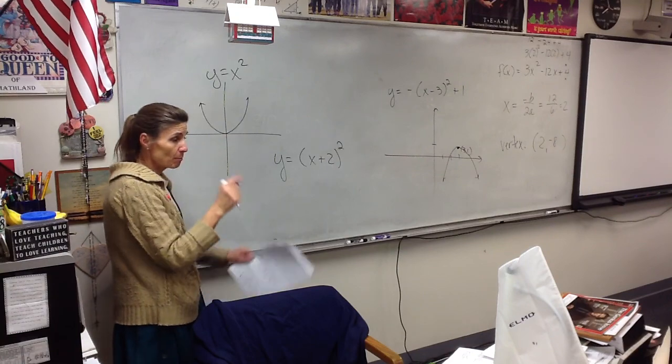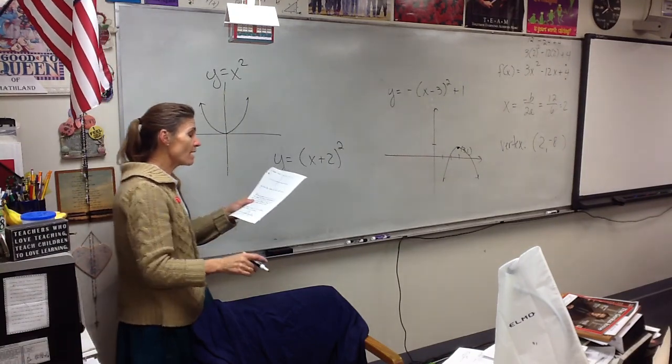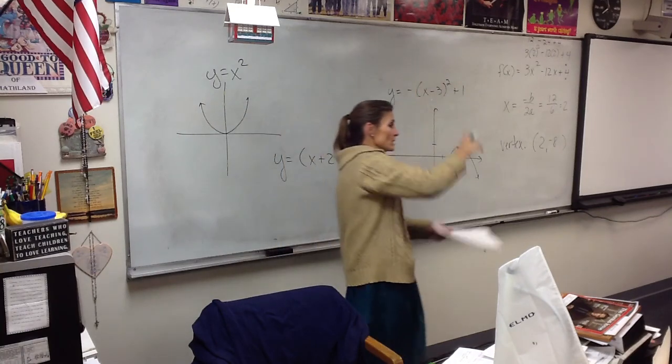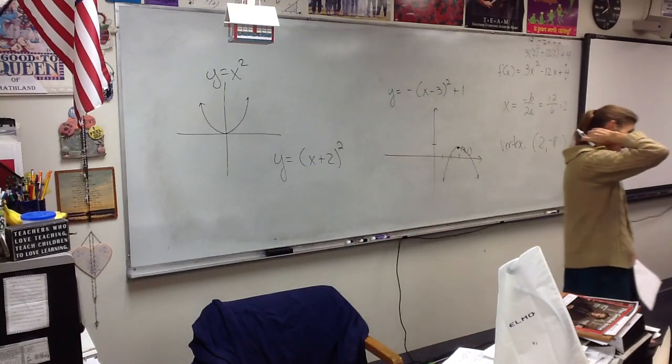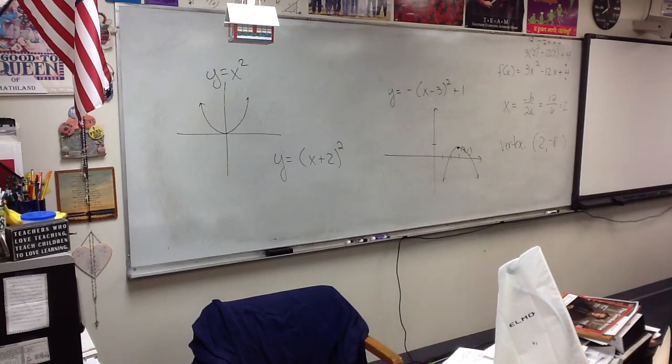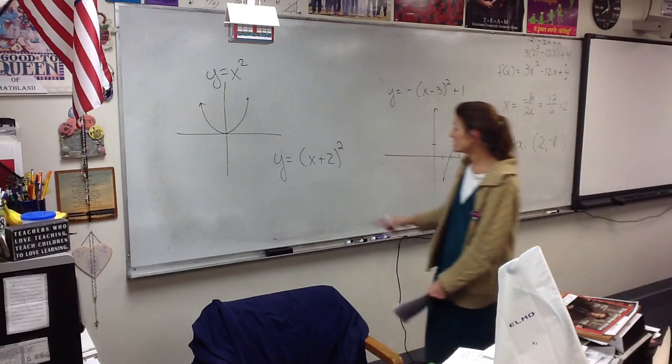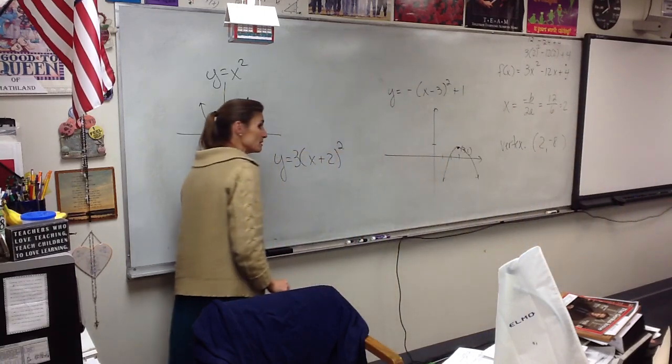Now, that takes care of step 1. Now we want to do a vertical stretch. We want to stretch our picture. How do we do that? Plus 1 outside of parentheses. Well, the plus 1 outside the parentheses is going to be the last one. That's your shift up 1 unit. But how am I going to accomplish a stretch? I multiply. I take this dude right here and I times him by 3.